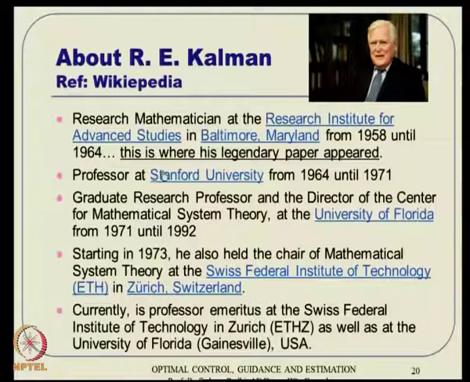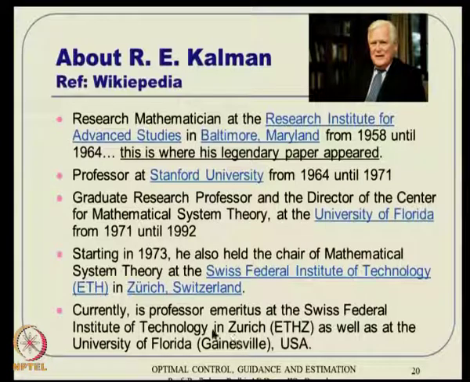Then he was a research mathematician at RIAS, the Research Institute for Advanced Studies in Baltimore, Maryland, from 58 until 64, and this is where his legendary paper appeared. He then became a Stanford University professor from 64 to 71, and then he moved to the University of Florida, where he was from 71 to 92, and from 73 onwards he got slowly associated with the Swiss Federal Institute of Technology, famously known as ETH in Zurich, Switzerland.